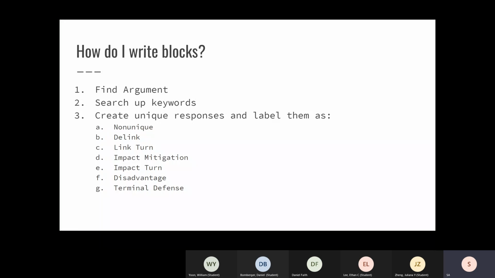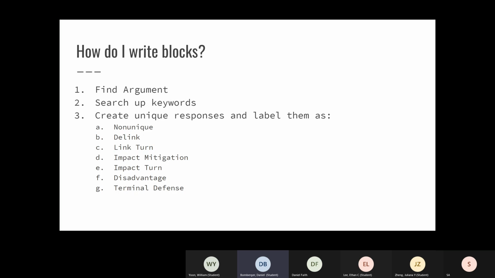And then lastly is terminal defense. So we've never talked about this before, but it's basically anything that is really hard to argue against. I think actually maybe Daniel has a better explanation. For terminal defense, I think it's not something that really exists, but there's a difference between mitigatory and terminal defense.